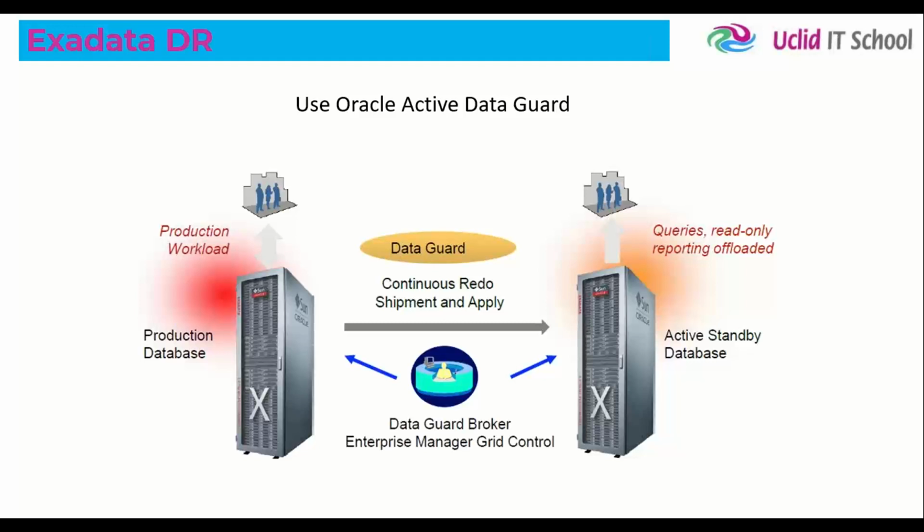So this is the solution to implement disaster recovery protection. You have to have 2 Exadata racks in 2 different centers with Active Data Guard or regular Data Guard implemented, and this way you can protect from any disaster.